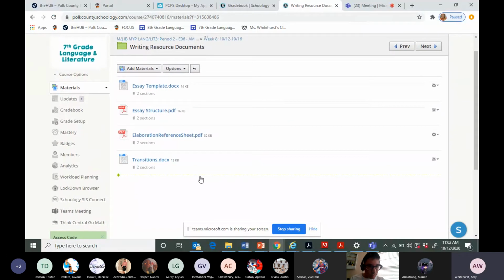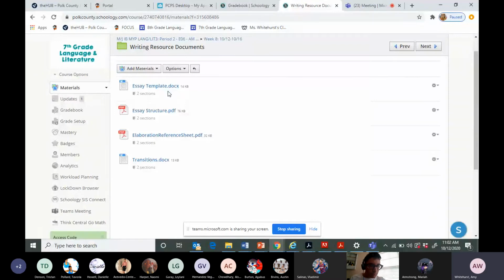In this folder, we have 4 documents that will help us while we work to revise our essays. Essay template and essay structure essentially contain the same information. They just look a little different. This one is written as an essay in paragraphs, and it says sentence 1, do this.